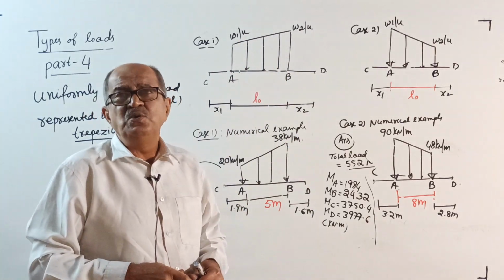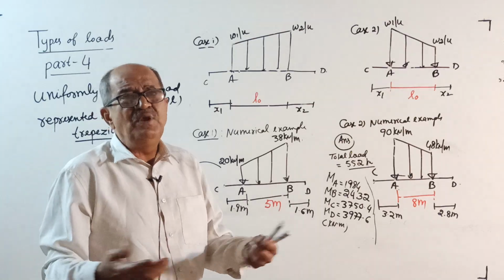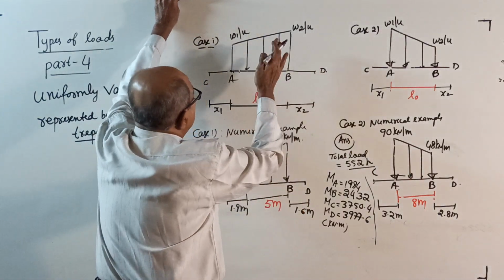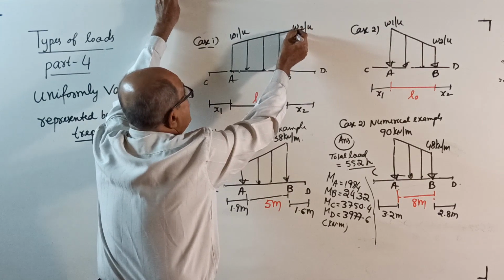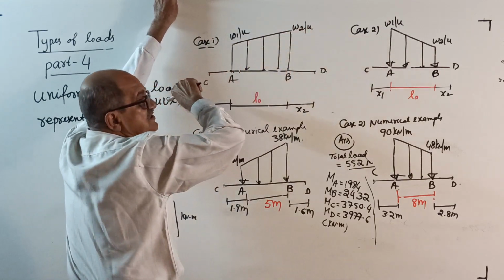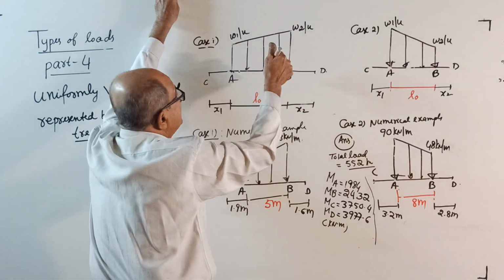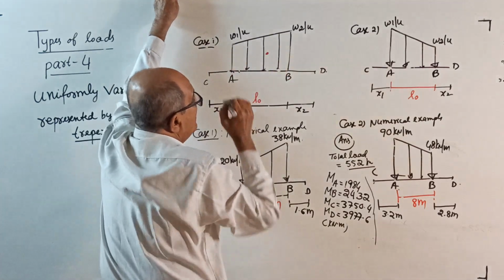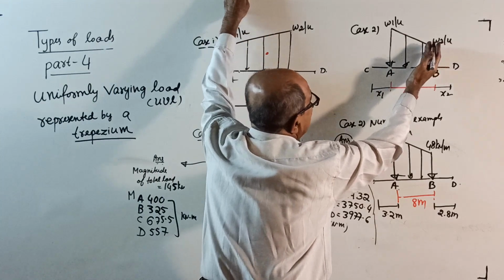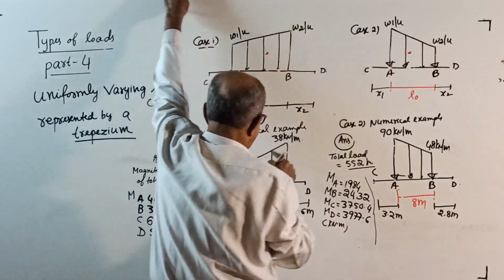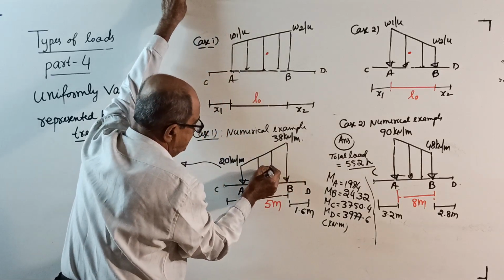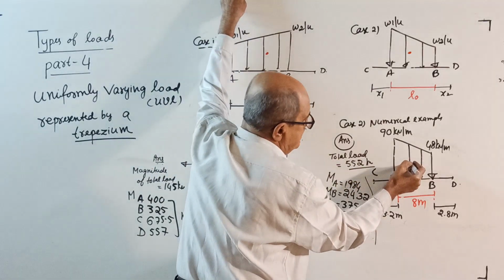Suppose you split into UDL and UVL, then trapezium will not come. See, CG: here more intensity, less intensity. Centroid will slightly shift to this side, maybe here. Here, centroid will slightly shift this side. Centroid will shift this side.